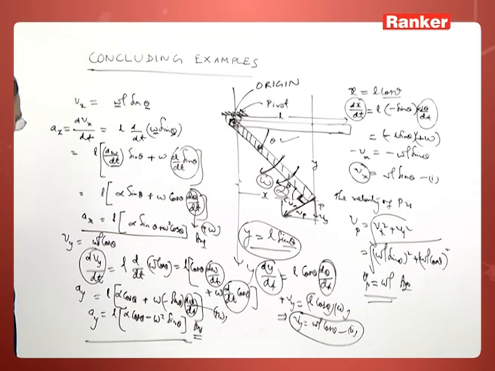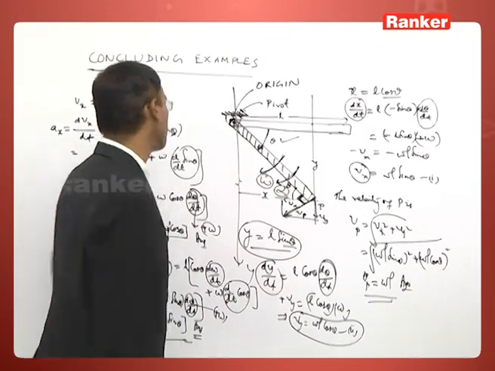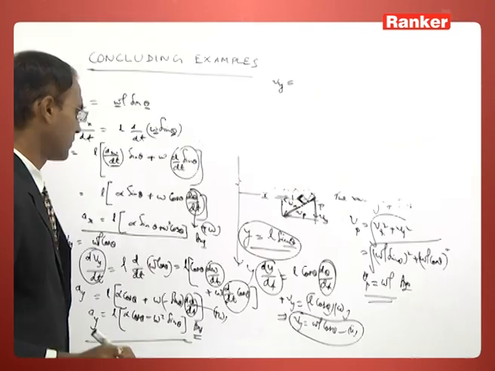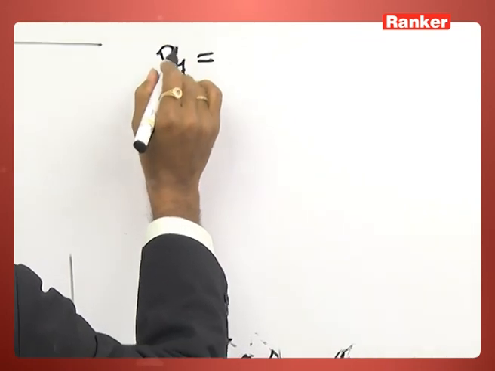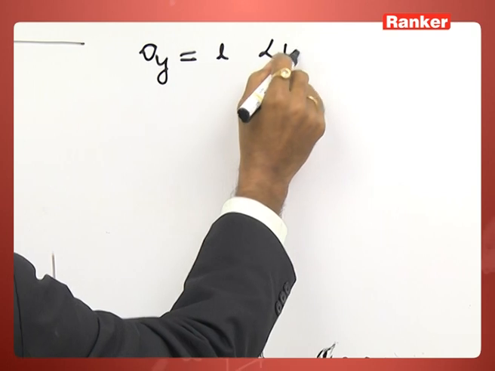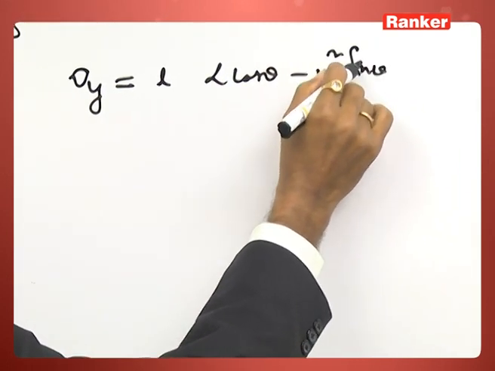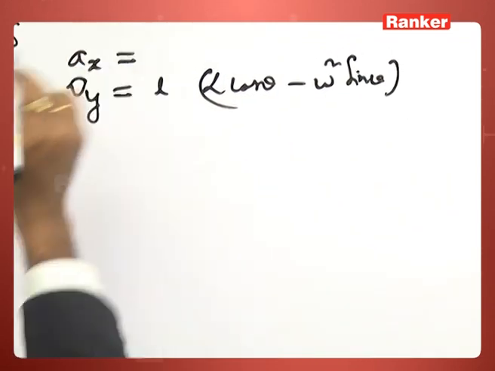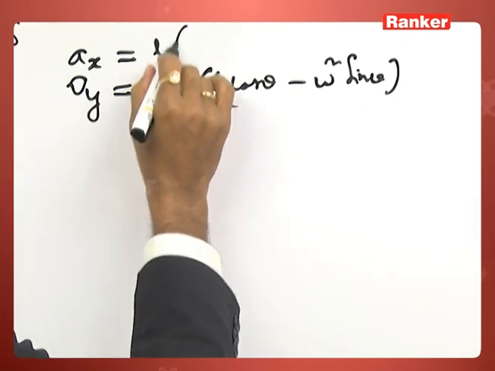This can be 0. Let us start doing the problem by another approach called relative motion method. You are getting a_y is equal to L alpha cos theta minus omega square sin theta, and a_x is equal to L into alpha sin theta plus omega square cos theta.